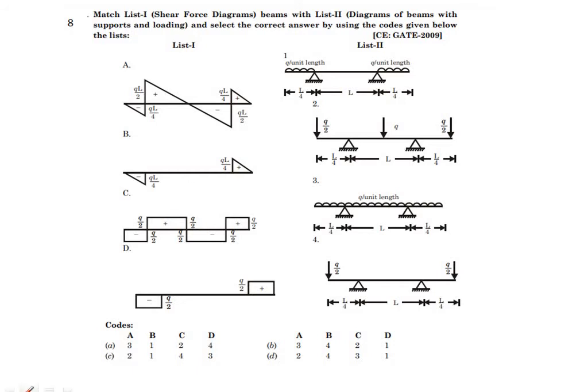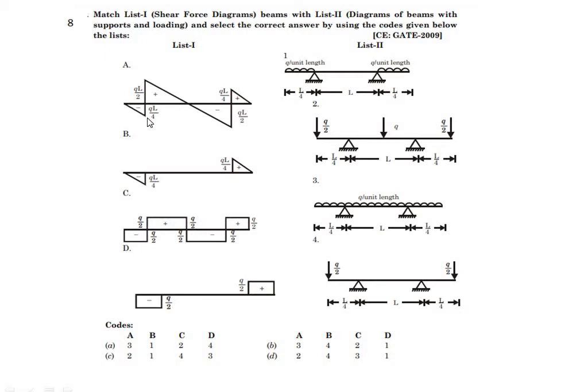Right, so these are the answers. So let's check one by one. This is option A. So this is the shear force diagram. From this point to this point, in the first portion of the shear force diagram, you are having a slanting line, that is a linear variation, which means at this portion you will be having a uniformly distributed load.